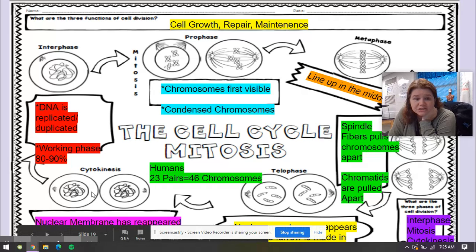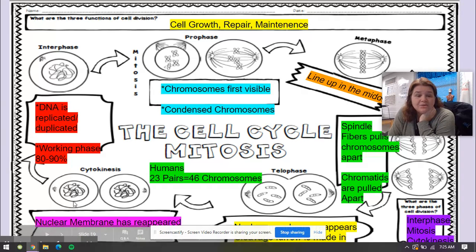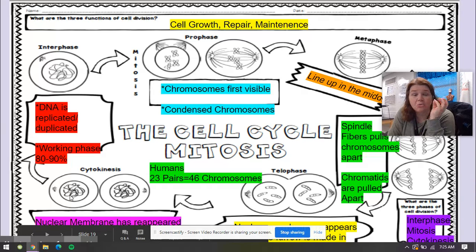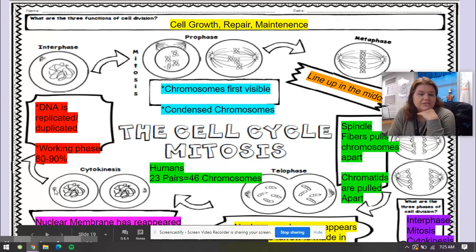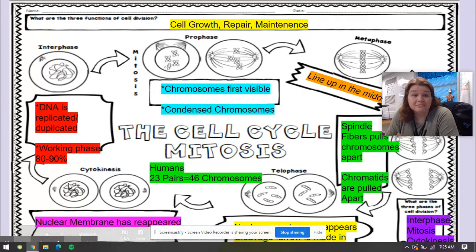And in cytokinesis, you have two fully formed cells, and that nuclear membrane has completely reappeared, and that DNA unwinds and is kind of free floating in that nucleus. And those centrioles just kind of float until mitosis starts again.